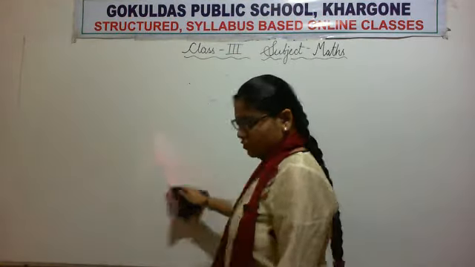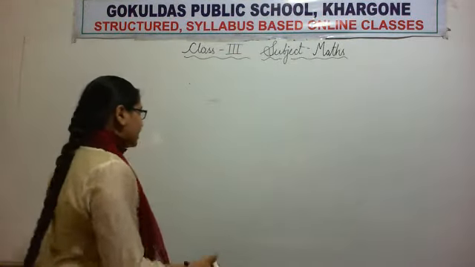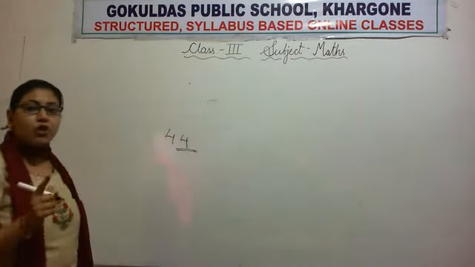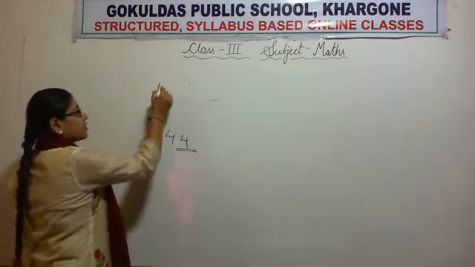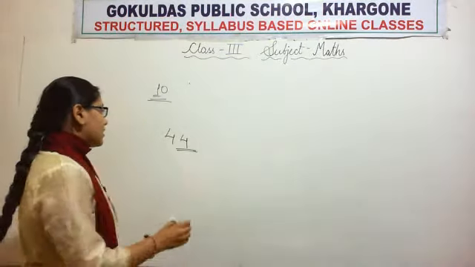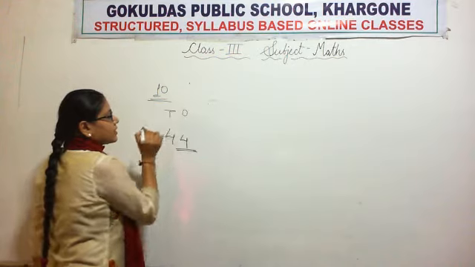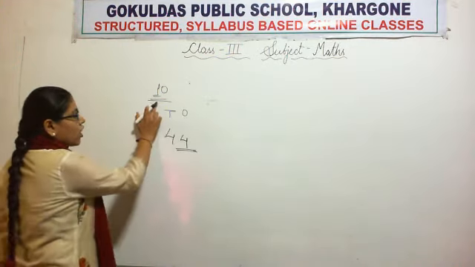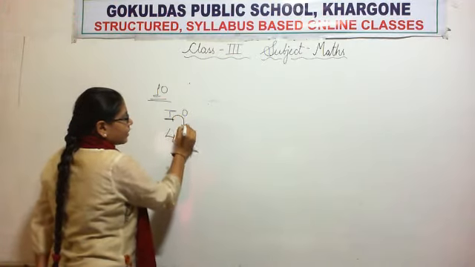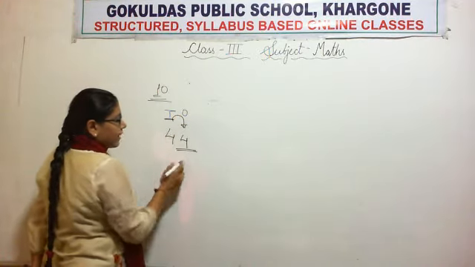Now, one more method is there. See, if the number is 44 and we need to round off to the nearest tens. This is the ones place, this is the tens place. Rounding off to the nearest tens, so we will see the number right of the tens place, the number 4.